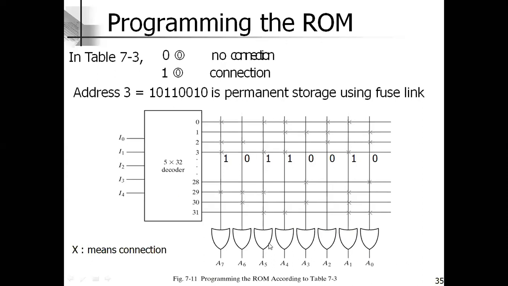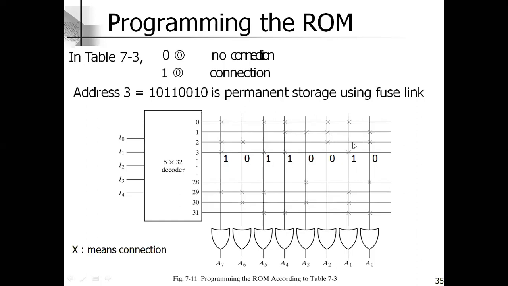Whereas A5: 0, 3, 29, 31. A4: 0, 1, 3, 31. A3: 1, 28 and 30. A2: 0, 1, 2.